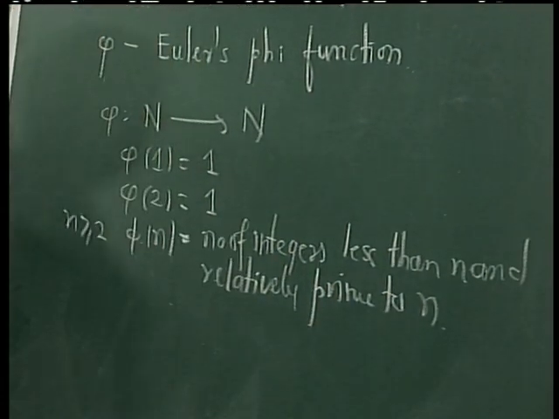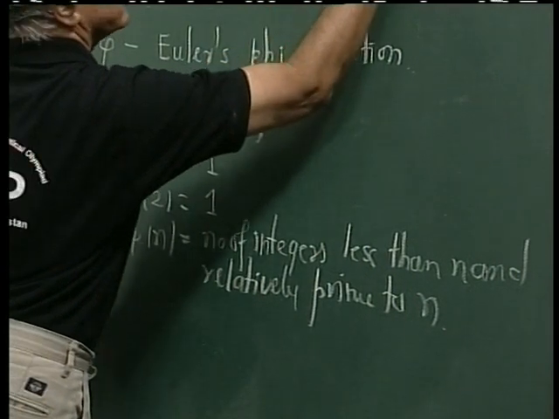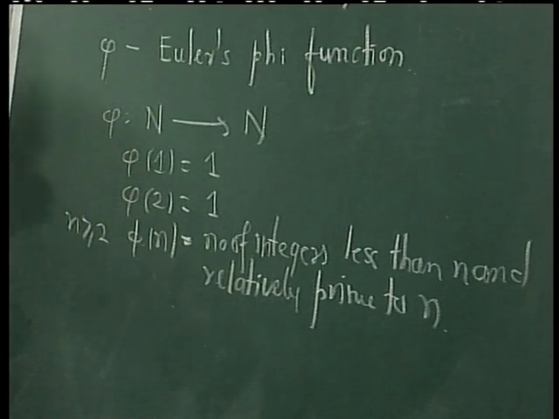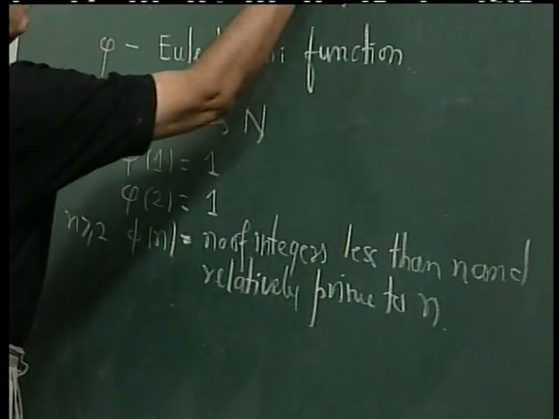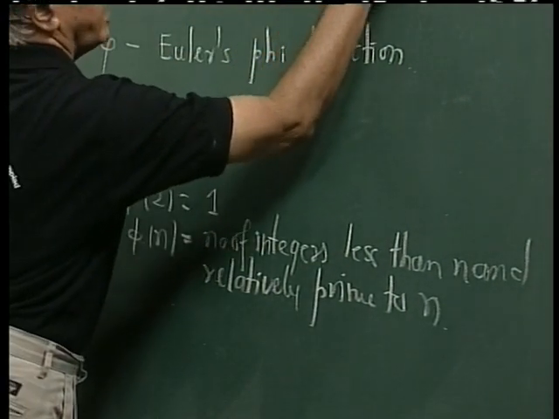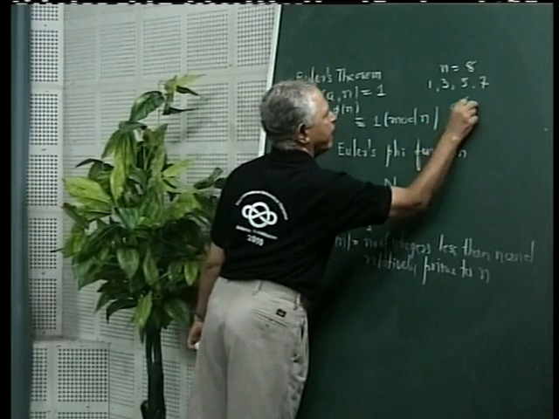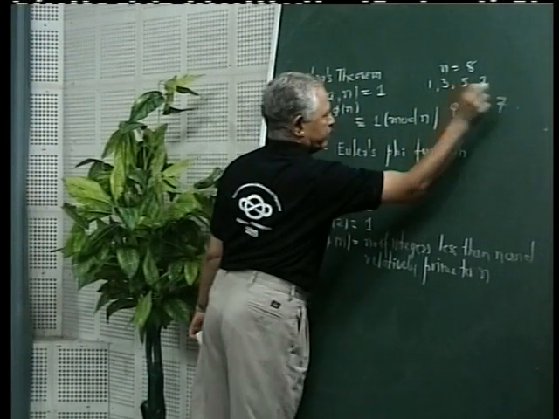For example, if I take n equal to 8, then the integers which are less than 8 and relatively prime to 8 are 1, 3, 5 and 7, and that gives you that phi 8 is equal to 4.